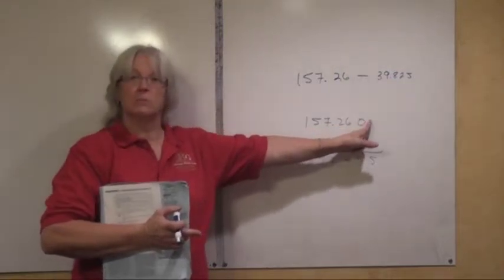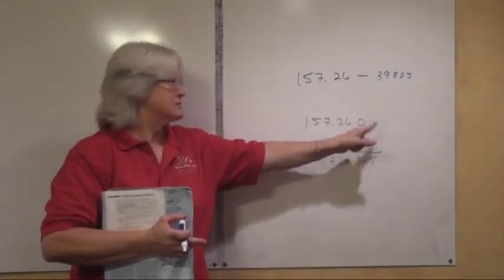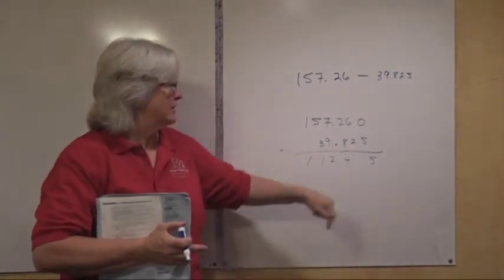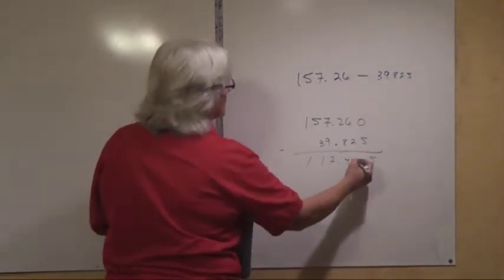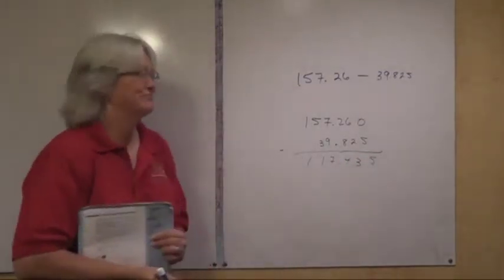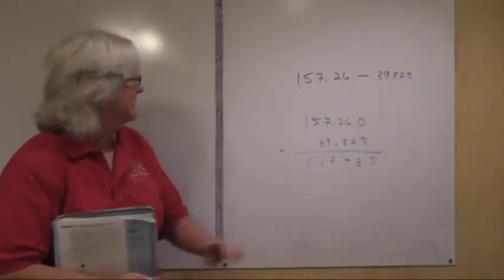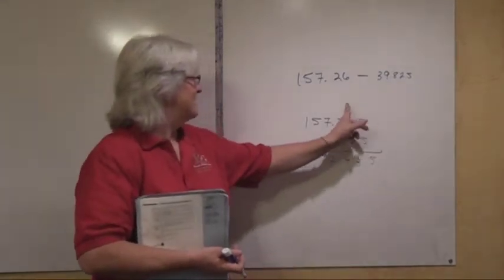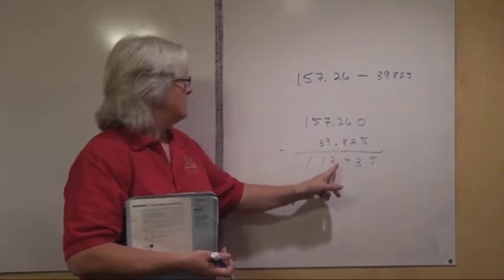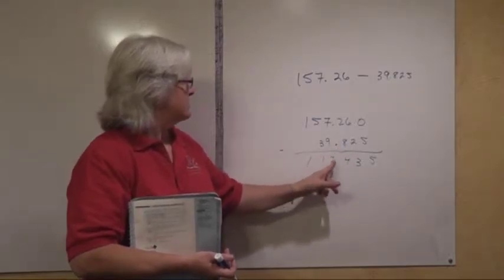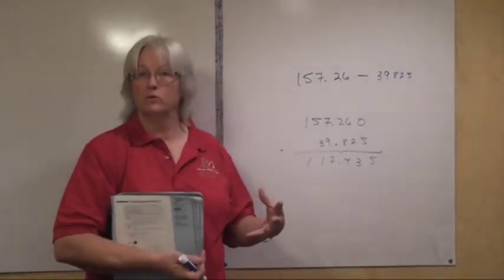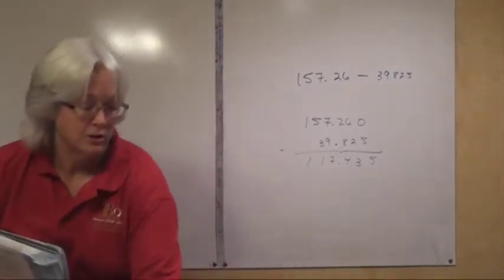Add in zeros as placeholders, or what they call annexing zeros. Subtract as normal. 6 minus 2 is not 3. But it is when you borrow. See why I don't teach arithmetic. 5 plus 5 is 10, carry 1, 3 plus 2, 12, 16, 17, 5, and 1. Do your addition, do your subtraction.